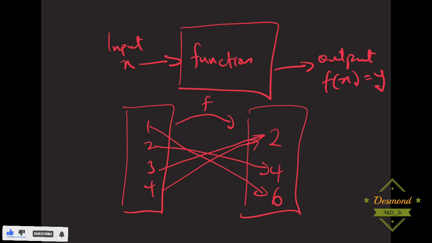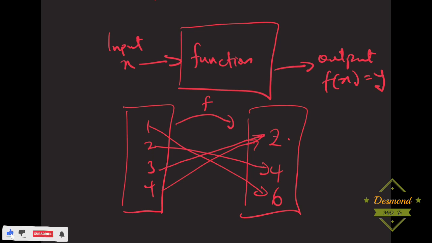A function maps every element in the domain to exactly one element in the range. Although each input can be sent to only one output, two different inputs can be sent to the same output. That's why we have 3 and 4 matching to 2 right here. So we have two different numbers on the input side matching to the same number on the output side. That's how we can do it.